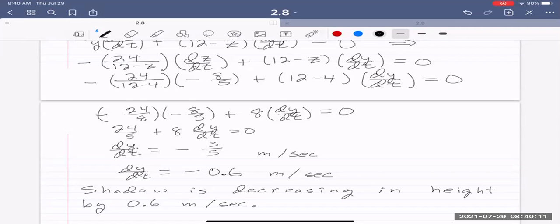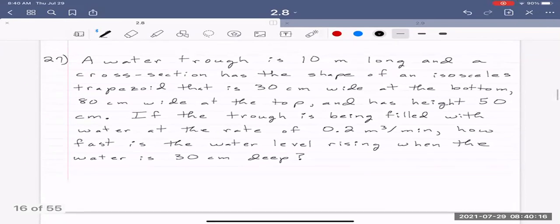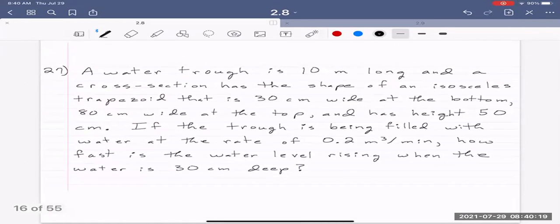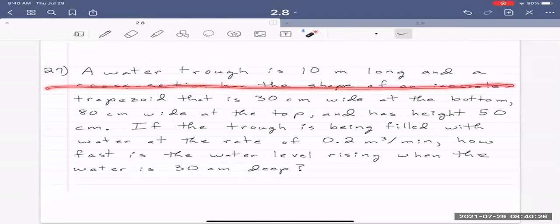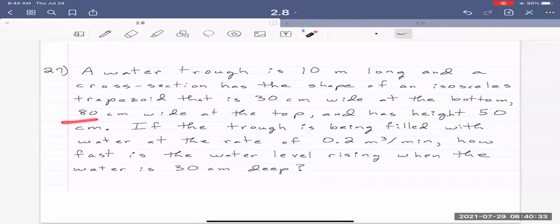Okay. Let's do problem number 27. A water trough is 10 meters long and a cross section has a shape of an isosceles trapezoid that is 30 centimeters wide at the bottom, 80 centimeters wide at the top, and has a height 50 centimeters.